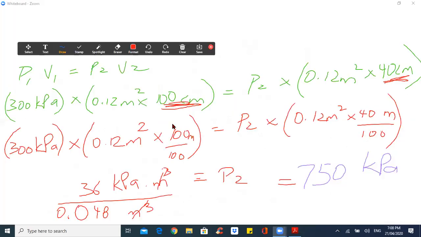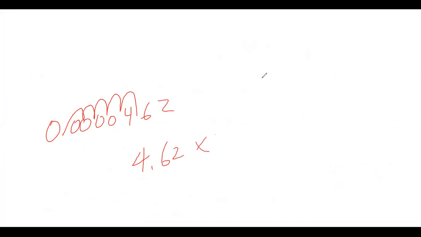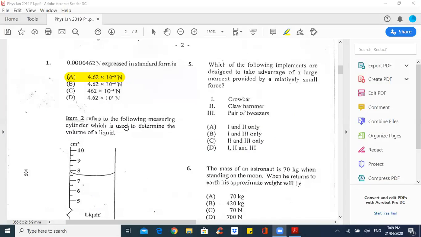It would look like, so we had 0.000462. You're moving back 1, 2, 3, 4, 5. So you're gonna be 4.62 multiplied by 10 to the power of. Since we're going to the right, you're gonna be minus; going to the left is positive. So you're gonna be 10 to the power minus 5 newtons. Good, that's how we check it. Alright, so moving on.